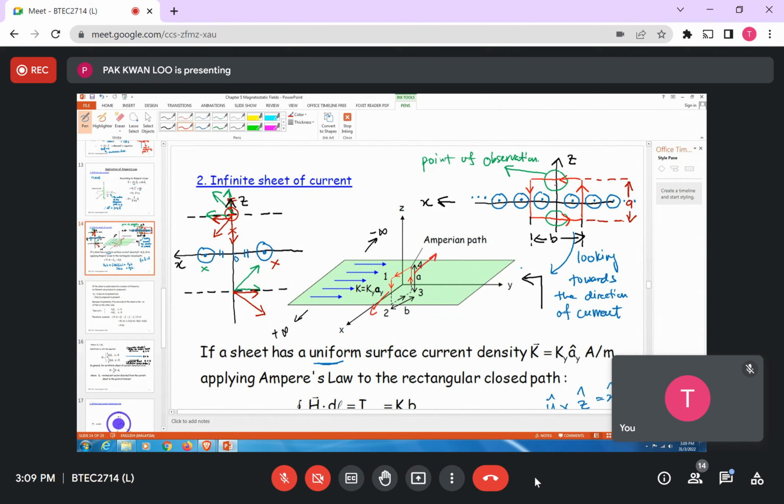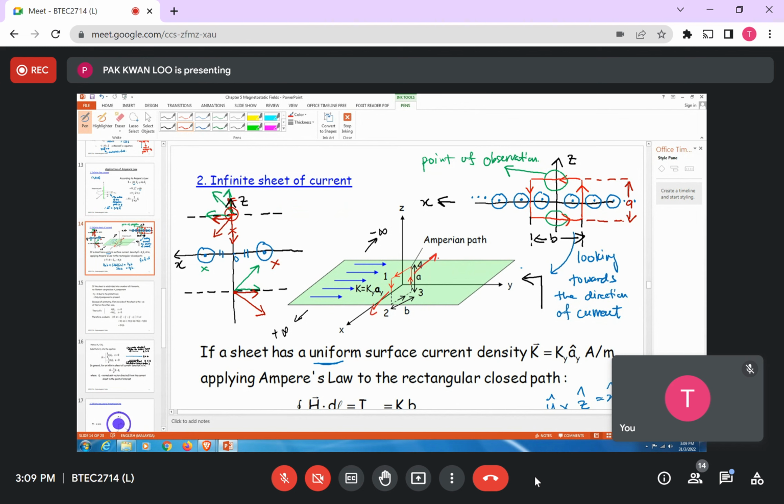If the point of observation is close to the surface, which is relatively small compared to the dimension of the surface current density sheet, then Ampere's law holds. Then we can apply Ampere's. That means when I say Ampere's law holds, it is applicable, it is valid.